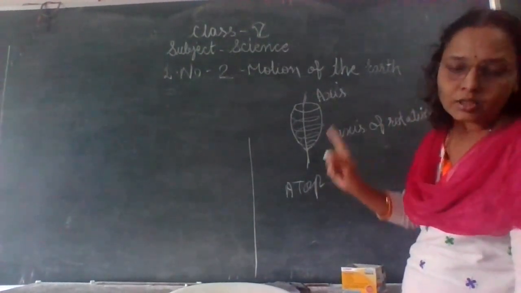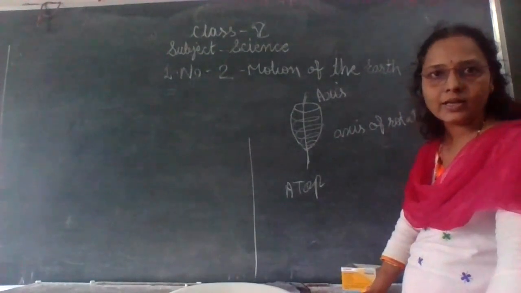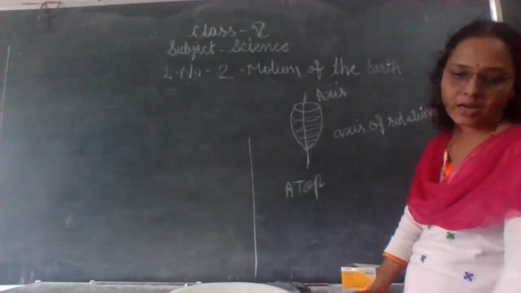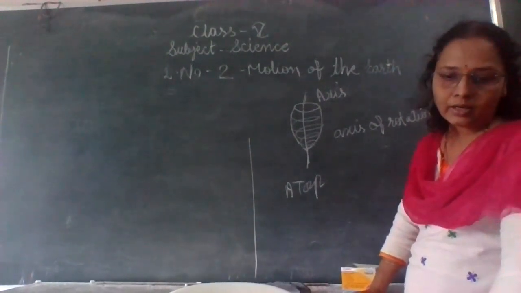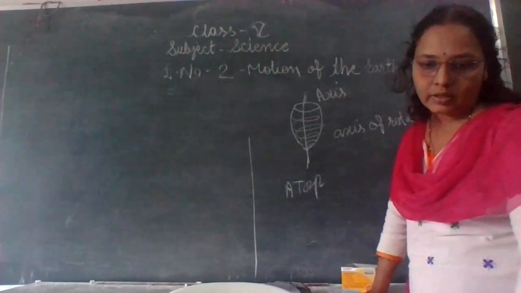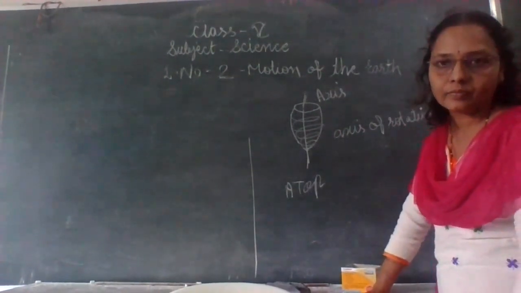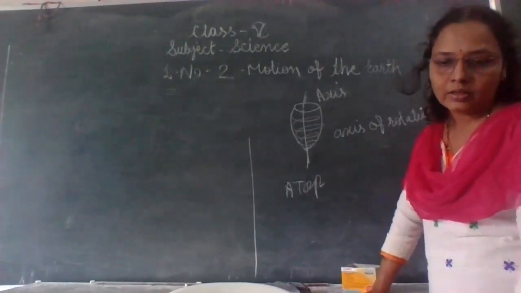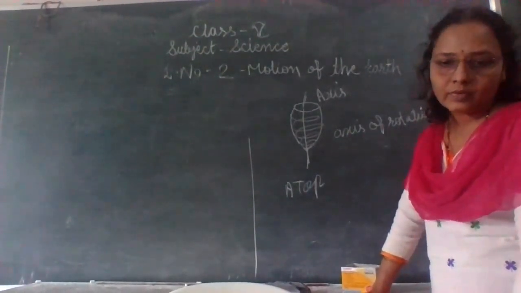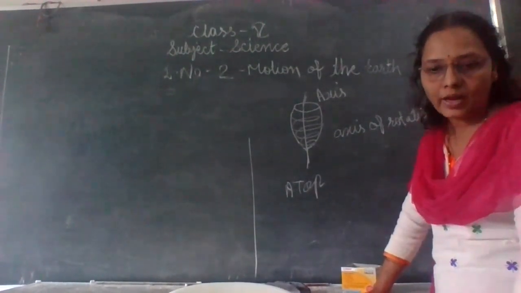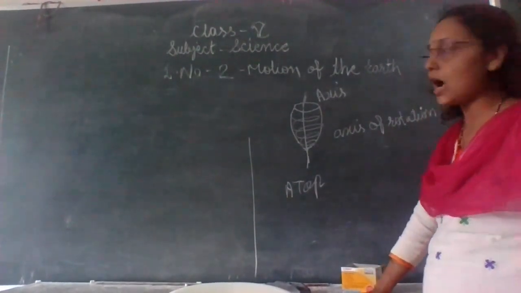Likewise, our earth rotates on an imaginary line, with its axis inclined. That line causes the North Pole as well as the South Pole.